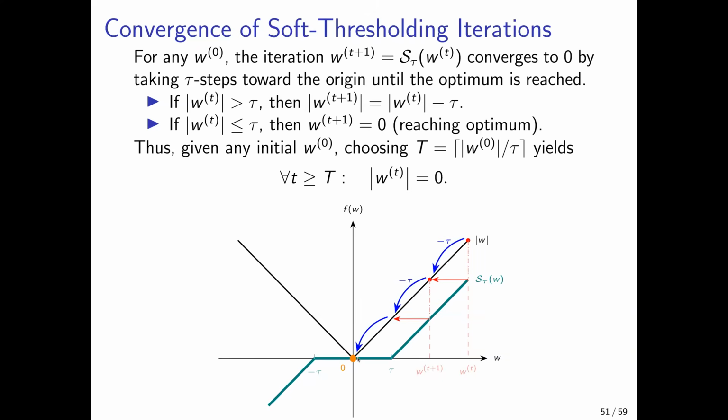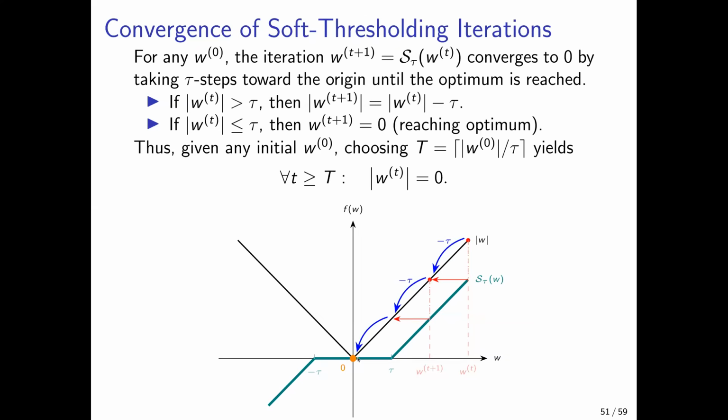The minimizer is 0. That's easy to see, but we want to find a systematic way that is applicable in principle, even in cases when we cannot just read off the solution. In this case, we can apply the fixed point iterations of the soft thresholding function, and this converges to 0.